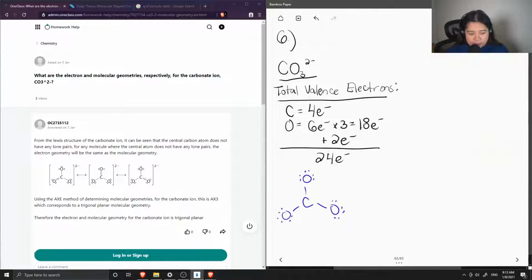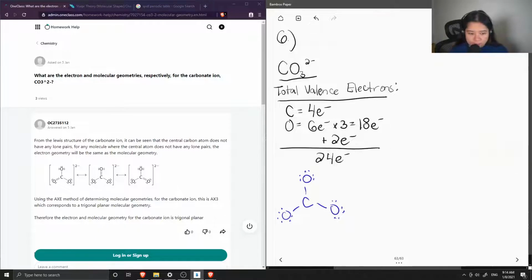Each bond contains 2 bonding electrons, so we have 6. And then each oxygen atom has 6 lone pair electrons, so we have 24 drawn so far.